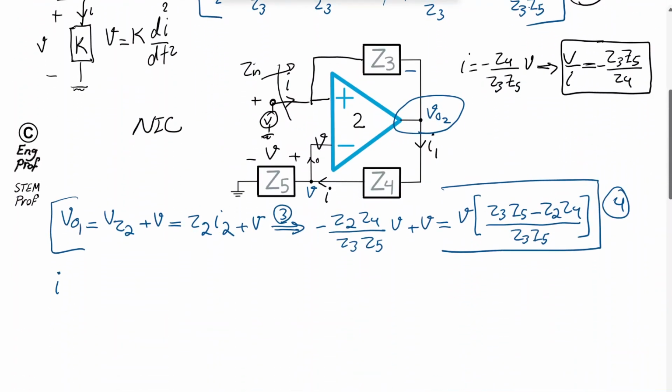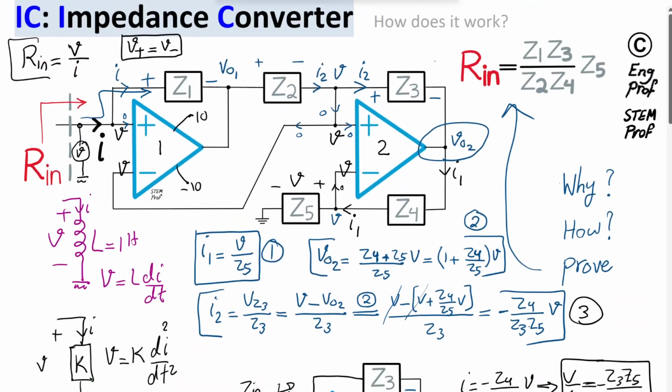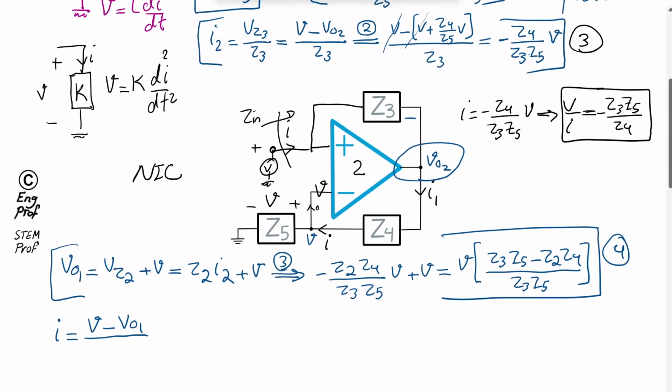The current I at input as a result of the applied test voltage is the test voltage V minus voltage at the output of op-amp 1. This is the voltage drop across impedance Z1. So therefore, I can say I is over Z1, which means V minus, so using equation 4, I'm substituting for Vout1, because in equation 4 we found Vout1.